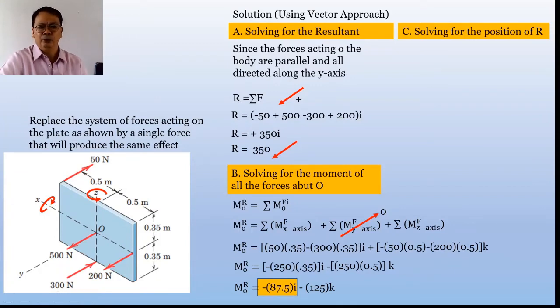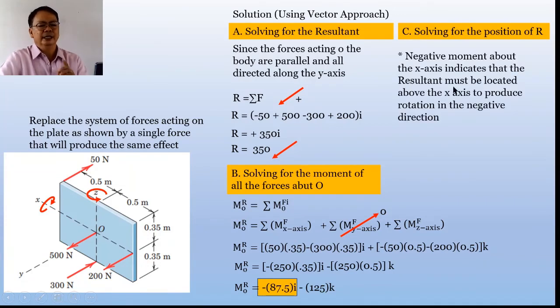And therefore, because R also is directed in the positive y direction, we would expect that for R to create a negative moment about the x-axis, it should be located above the x-axis. Kaya makikita natin dito, the negative moment about the x-axis indicates that the resultant must be located above the x-axis to produce rotation in the negative direction.